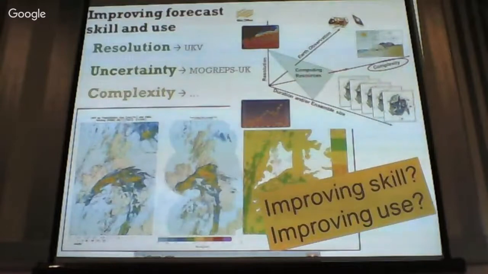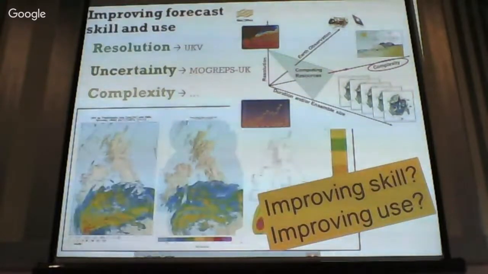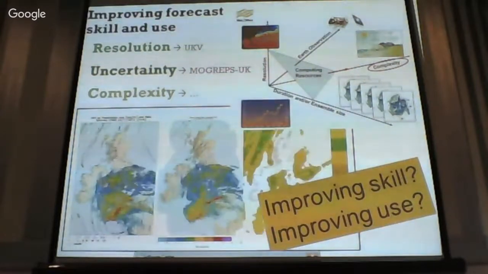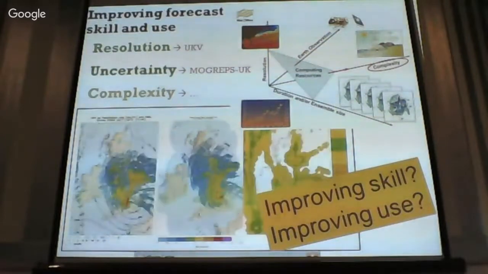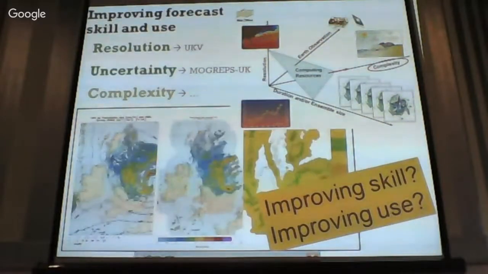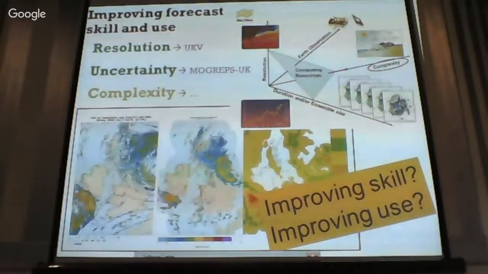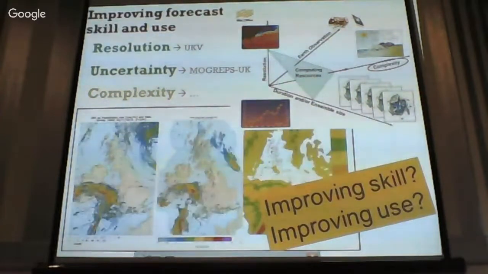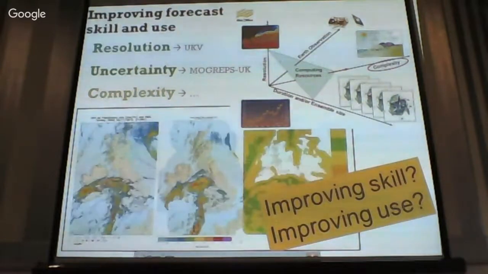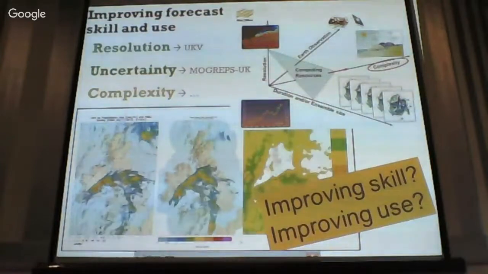And then can we improve the use? So the applications: is there new capability that drops out of doing coupled work? And similarly to Vincent's list about more consistency between our systems and increased lead times and so on. So those are the two drivers for us. Can we improve predictive skill and can we improve the applications?